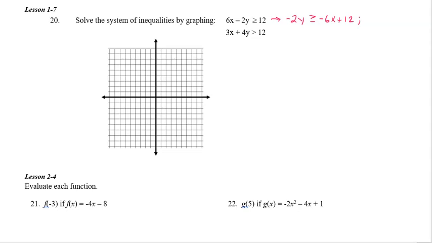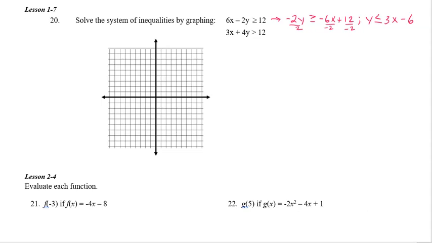And now my next move is to divide by -2 on both sides. And because I'm dividing by a negative, that forces me to change the direction of that inequality. And -6 divided by -2, I'll just go ahead and show it like this so you can see it. Everything gets divided by -2. So negative divided by negative is positive 3x, and 12 divided by -2 is -6.